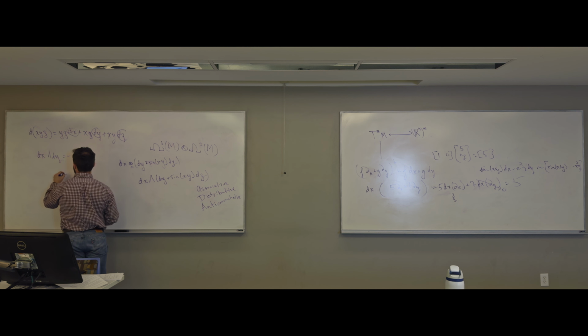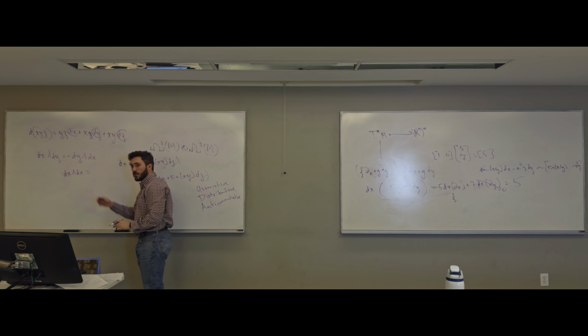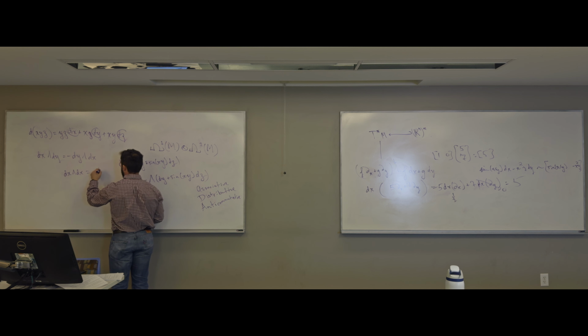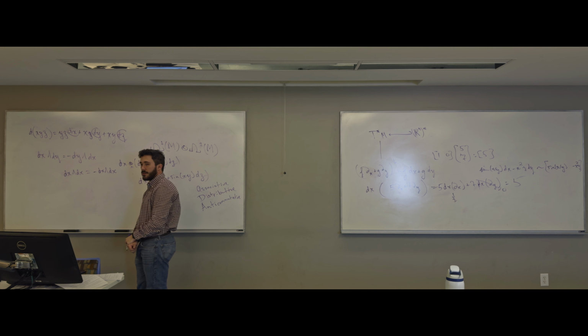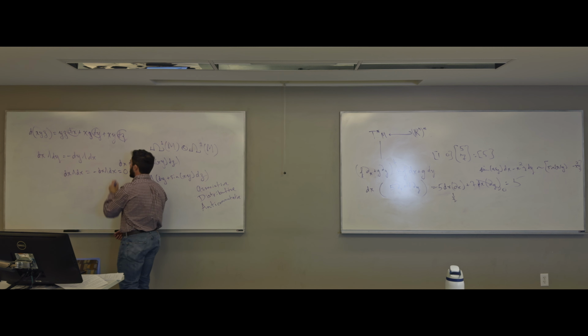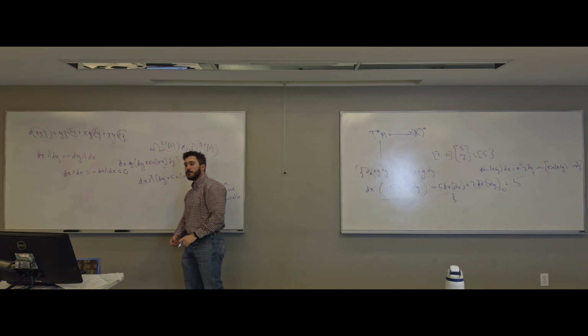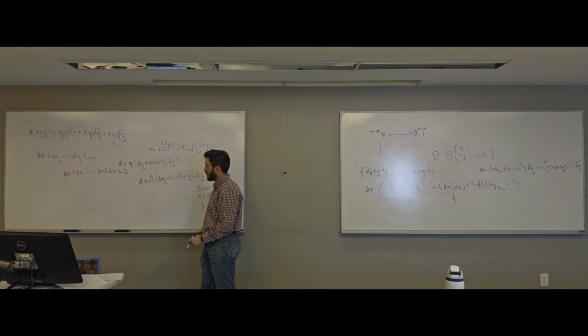What if I write this? Can this be simplified? What happens when I commute this? Negative dx wedge dx. Okay. And if something is in a vector space, if something's equal to the negative of itself, it's zero. So anytime you wedge a one form with a one form, if it's the same thing both times, you get zero.